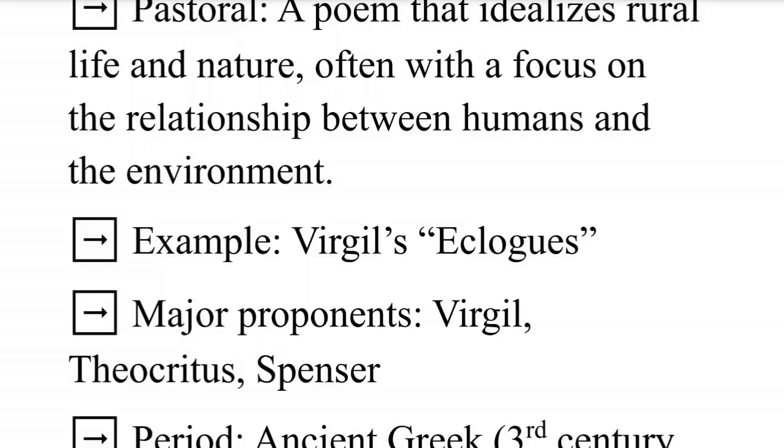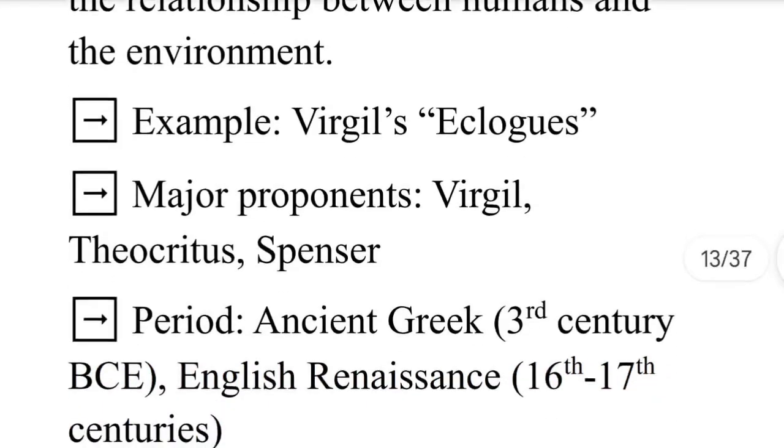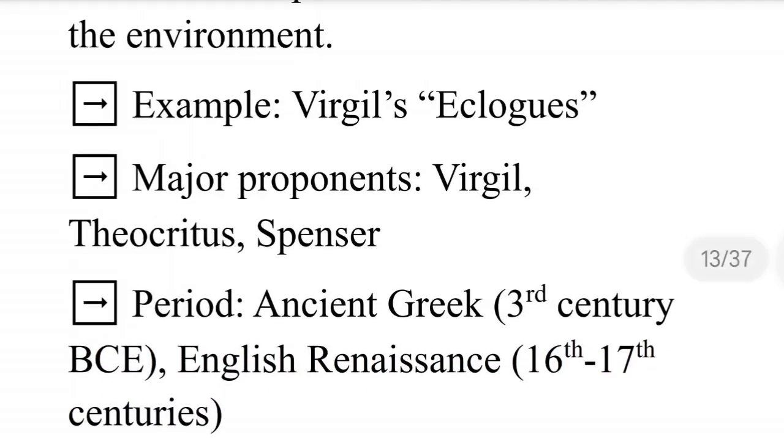Edmund Spenser is the major proponent of pastoral poetry and also pastoral elegies in English literature. When it comes to its period, in overall literature, ancient Greek, 3rd century. In English literature, Renaissance, during the 16th to 17th centuries, it became very popular, especially by Edmund Spenser.